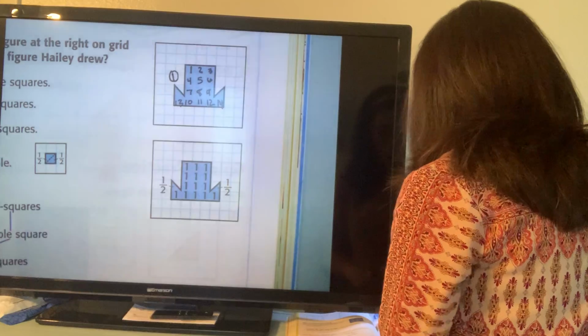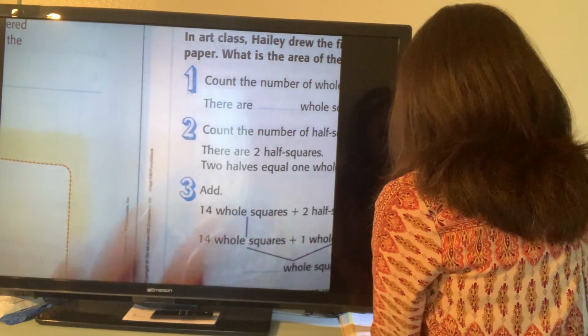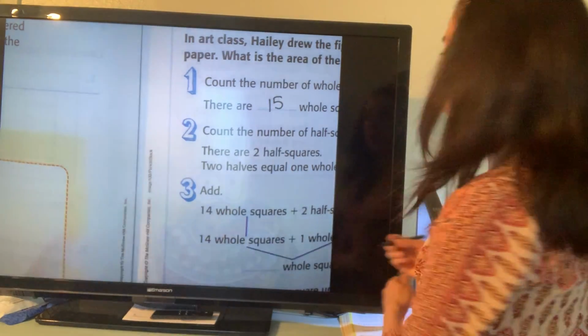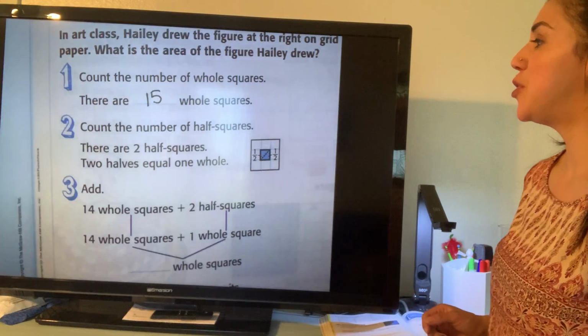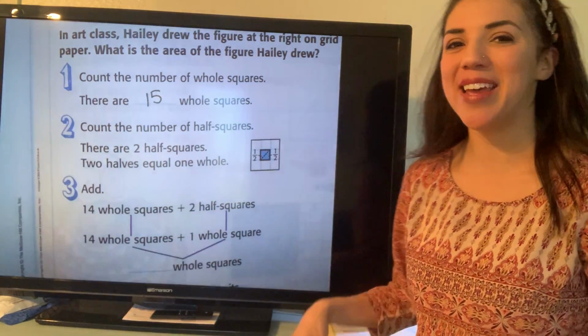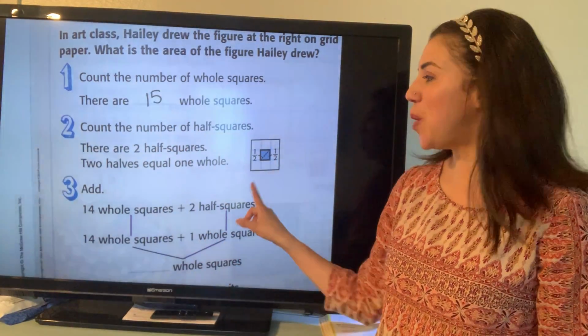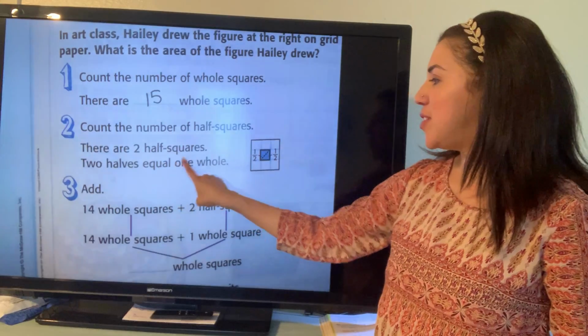Okay, so when we count the number of squares, there are 15. Oh, you can see that. 15 whole squares. Okay. Oh, we skipped ahead. It says count the number of half squares, which we did. There were 2 half squares. 2 halves equal 1 whole.